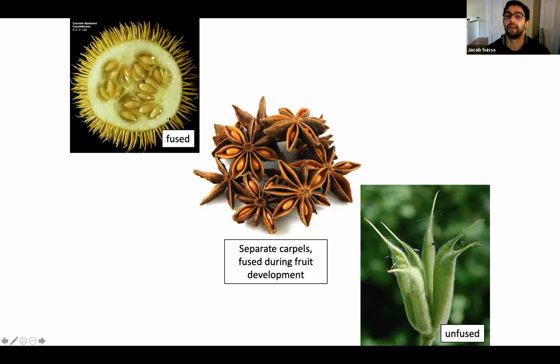Okay, so this is sort of what I was talking about before, right? You can have things that have one carpel. Let's think of a peach, or any stone fruit, really.